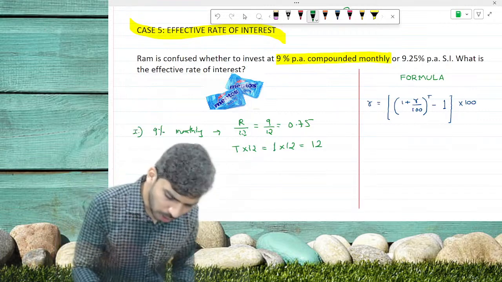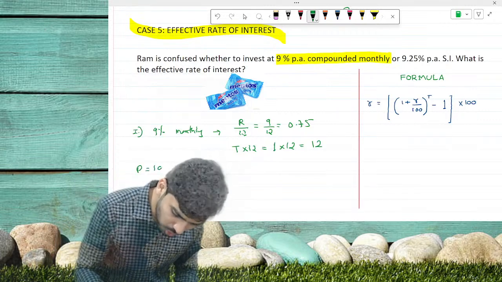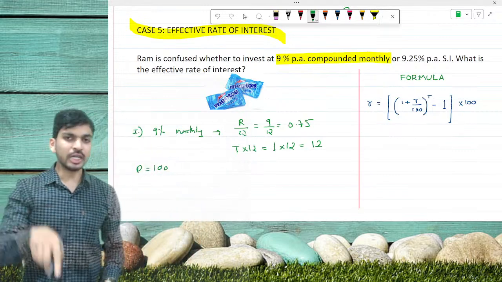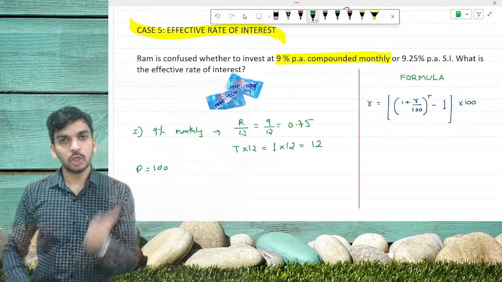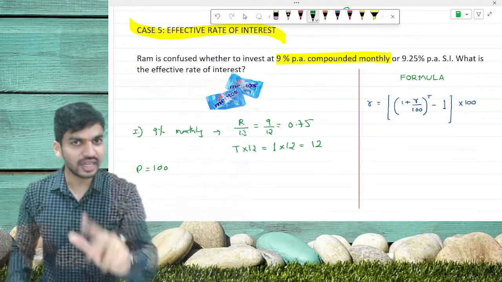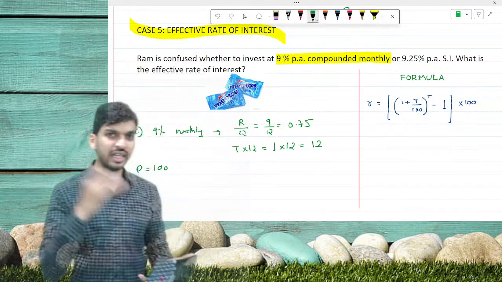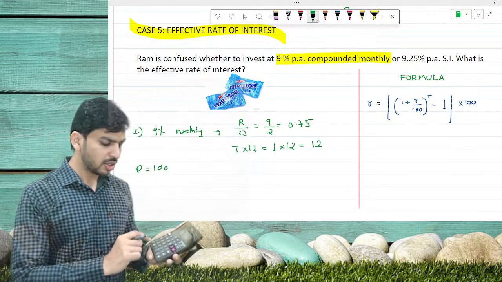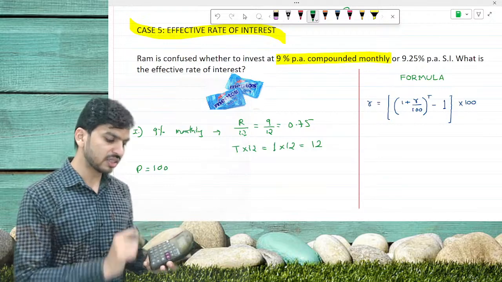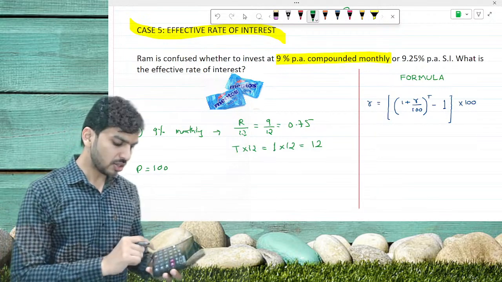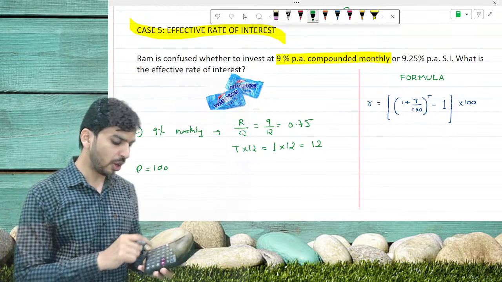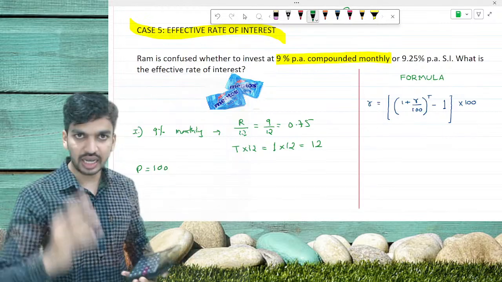Now assume your principal amount equal to 100. You have principal, rate of interest and time. Just put all of this on your calculator. That means 100 plus 0.75% one time, plus 0.75% two times, plus 0.75% three times.